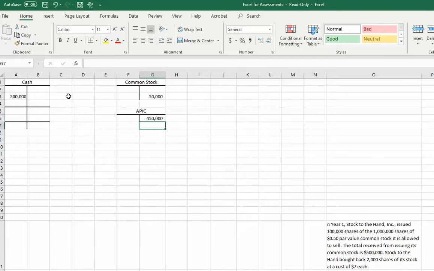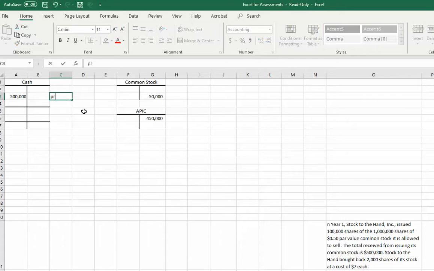Now another way to look at these, and you might be given different data, but in this problem we were given the total cash. I could have been asked what's the price that the share sold for. Well, we know that the price times the number of shares issued is equal to the cash, right? The cash we got was 500,000, and if we divide it by the number of shares we issued, then we have the price, and it's $5.